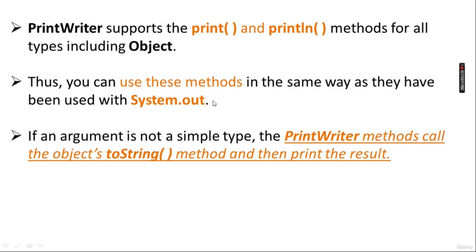Okay, so it will call the default built-in toString method. For example, if the argument is a string plus I, and I is an integer, what will it do? It will concatenate the integer with the string. First of all, it will convert that integer to a string, then it will concatenate that string with our string, and then it will display the output.